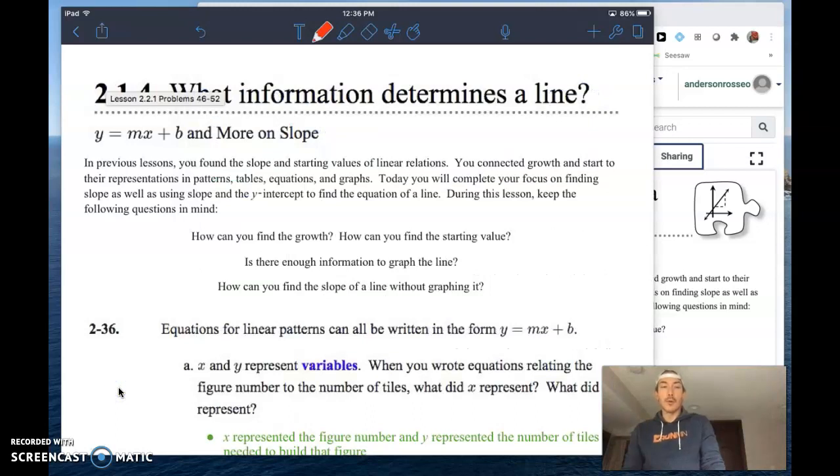Right here we've got a couple core problems we're going to go over, but let me just reiterate, our job is to investigate what that information is that determines a line. We do have our slope-intercept equation here, y equals mx plus b. Let me remind you that the m is the arbitrary placeholder that we use to represent slope, and then b is likewise an arbitrary placeholder.